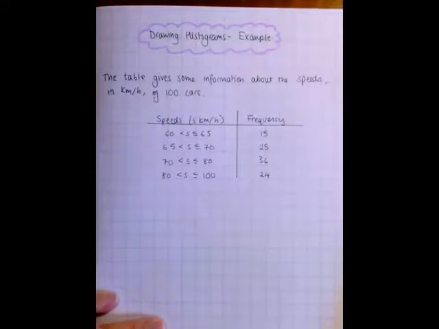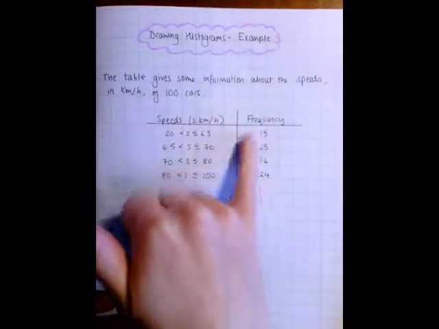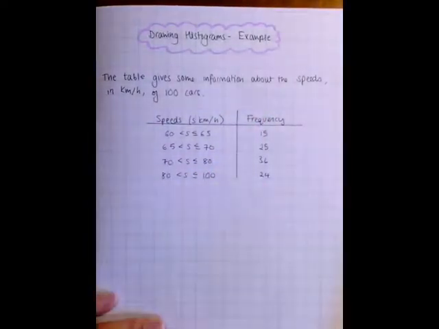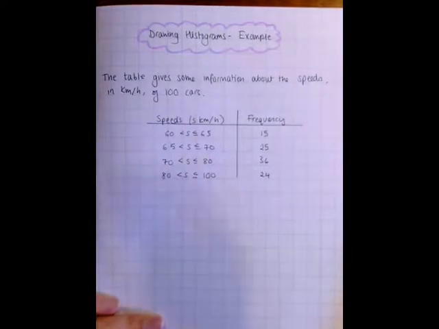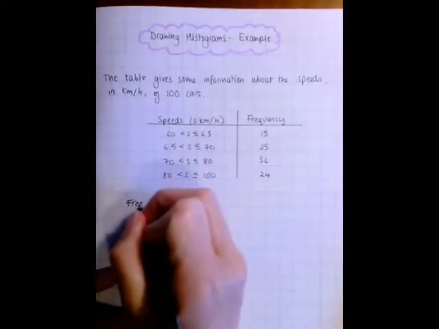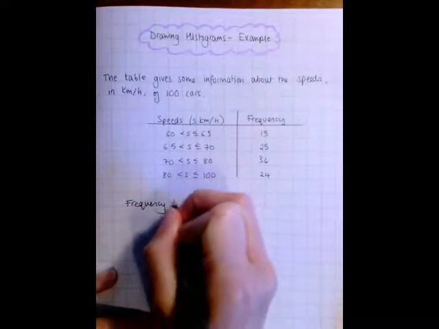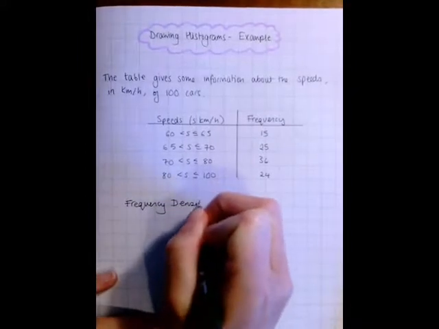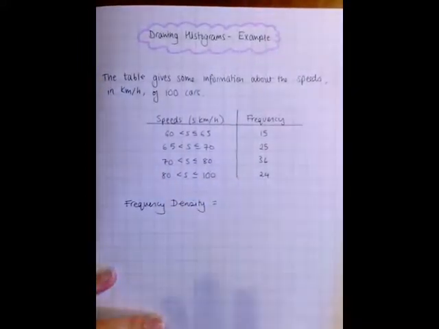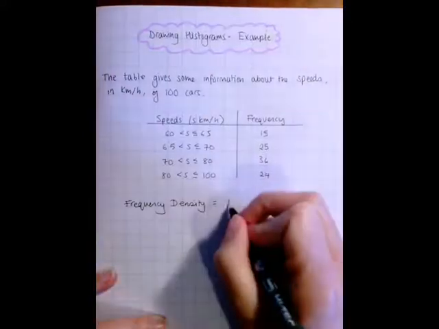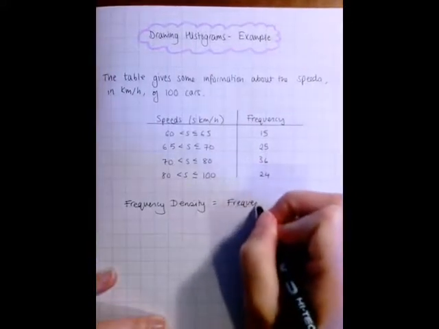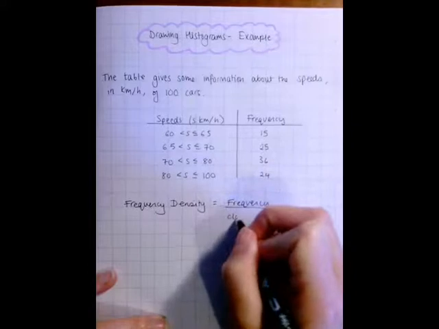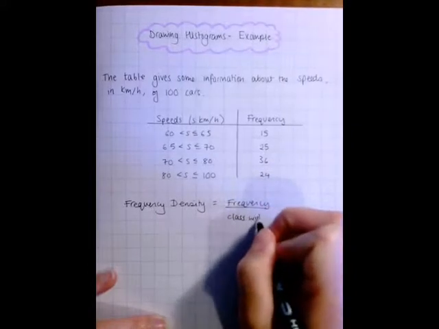Okay, so when you draw a histogram, we are not interested in the frequency, we're interested in the frequency density. And to calculate frequency density, we always need to do the frequency divided by the class width.